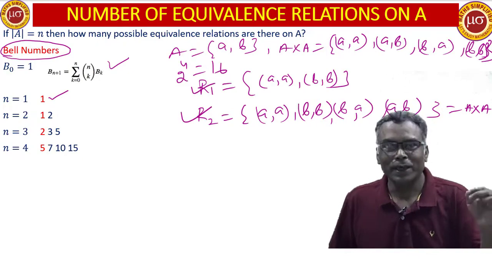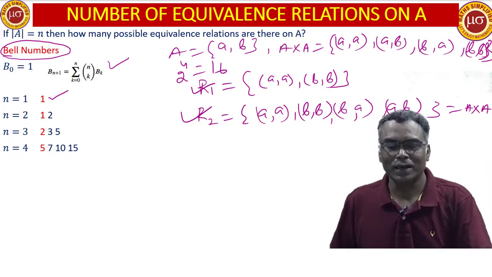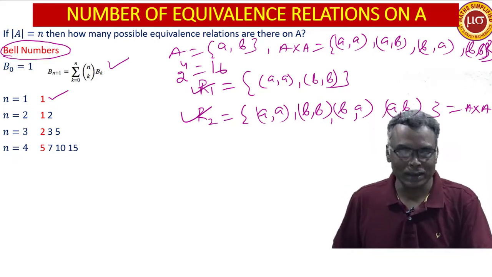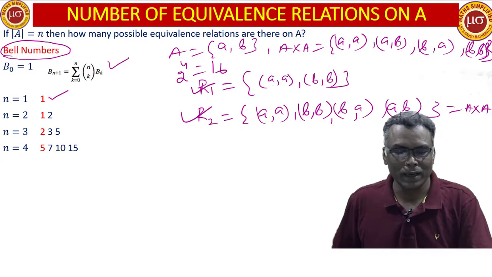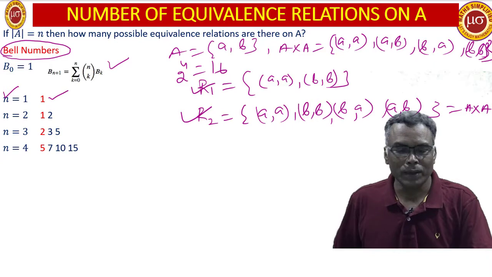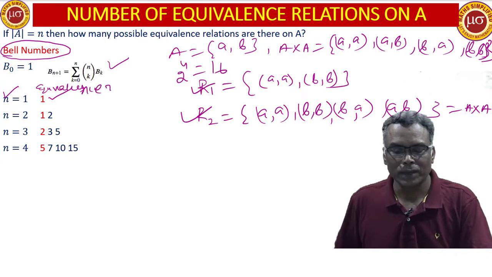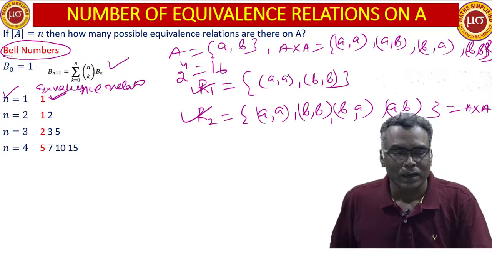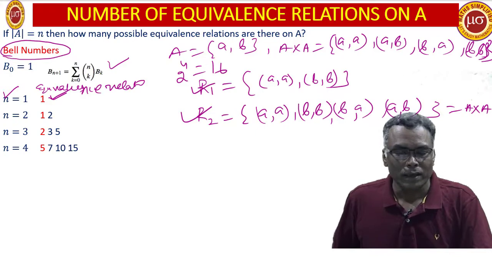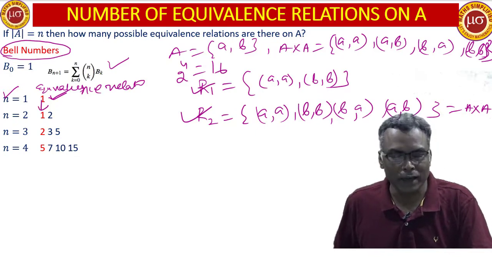So let me tell you the technique to get the number of equivalence relations. Begin with 1. N equal to 1, the number of elements in the set; number of equivalence relations is 1. Then copy this one here. For n equal to 2, copy it, and add this 1 plus 1 right here. It is 2.